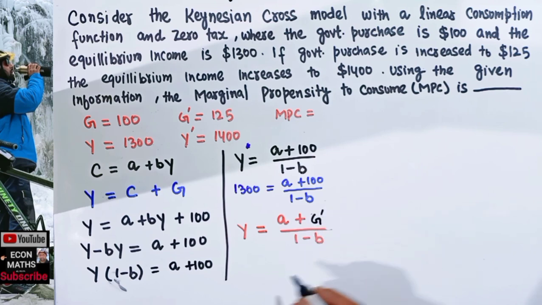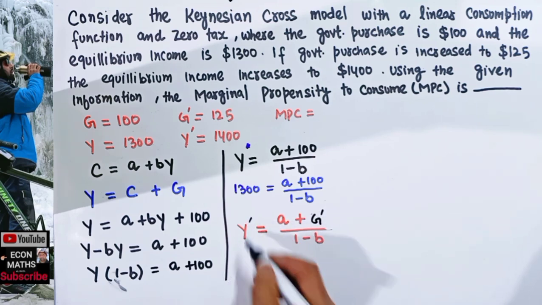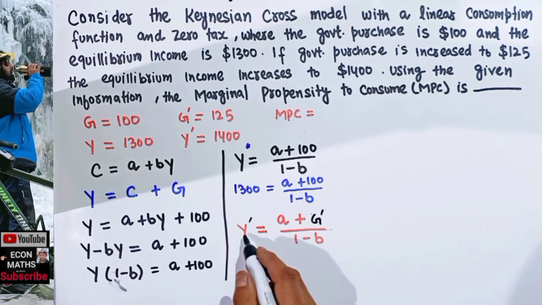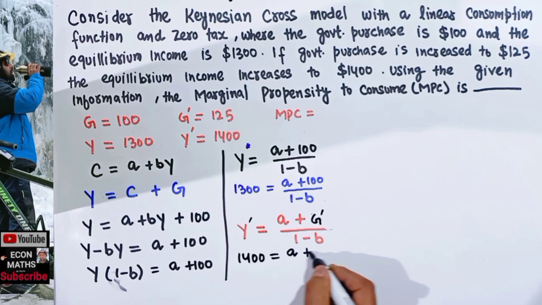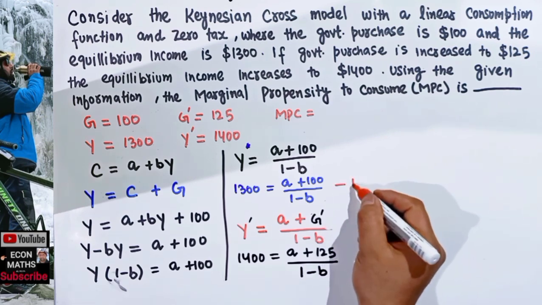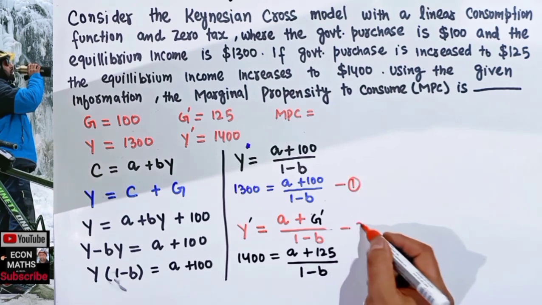So we have G dash here. Okay, so this is our Y dash. That means Y dash, the new equilibrium income, 1400 is equal to A plus government expenditure 125 divided by 1 minus B. Let us say this is equation first, this is equation second.